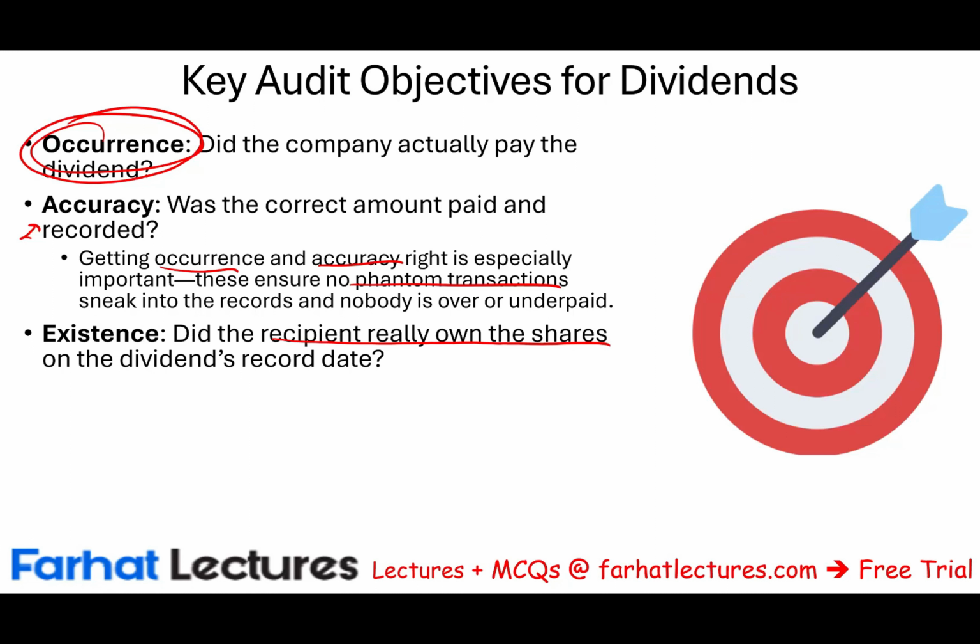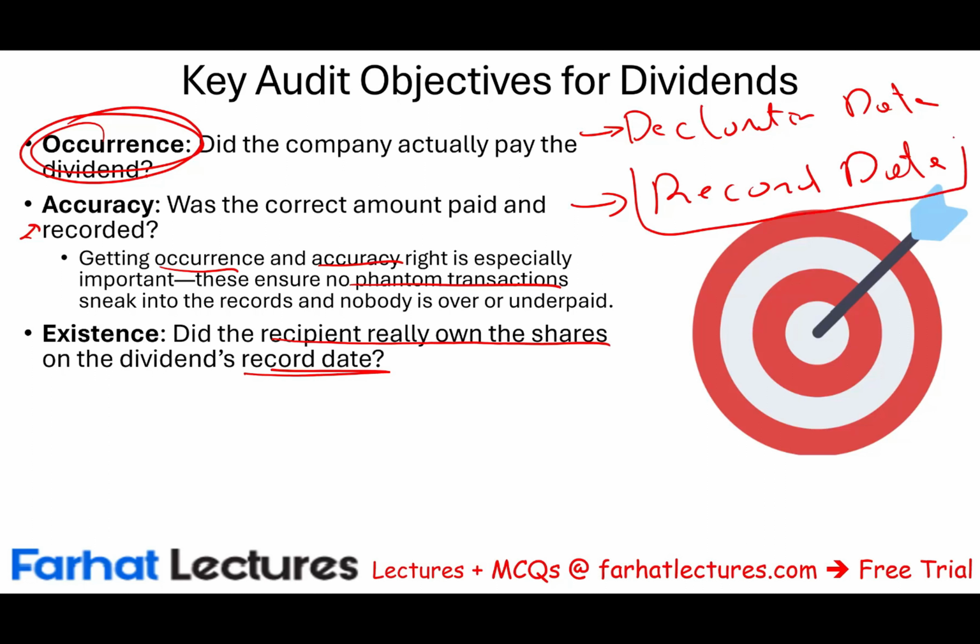Because we want to know if you're paying someone who actually owns the share, specifically on the record date. Because when it comes to dividends, we have 3 dates that are important. We have the declaration date, which is the date that the company declared the dividend. We have the record date, and this is important.